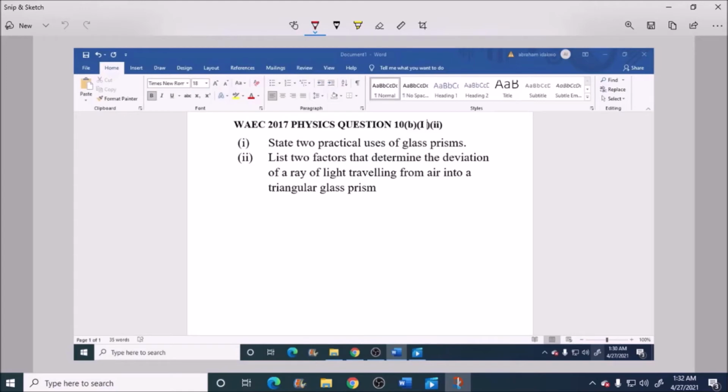Practical uses of glass prism. Glass prism is used in changing the direction of light or the direction of dispersion.